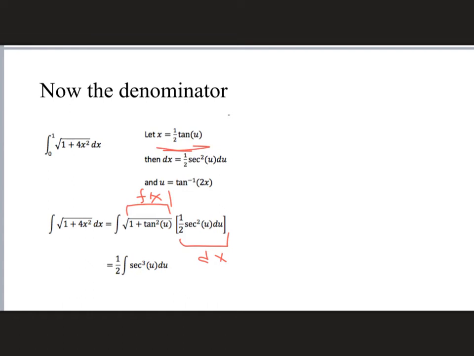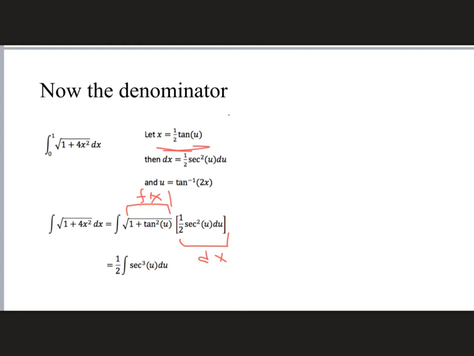And I know that 1 plus tangent squared, by a trig identity, is equal to secant squared. And the square root of secant squared is just secant, so I have secant times 1/2 secant squared du, and that's just 1/2, which can obviously come out front, times the cube of the secant du. So 1/2 secant cubed of u du. That is our transformation with this substitution.